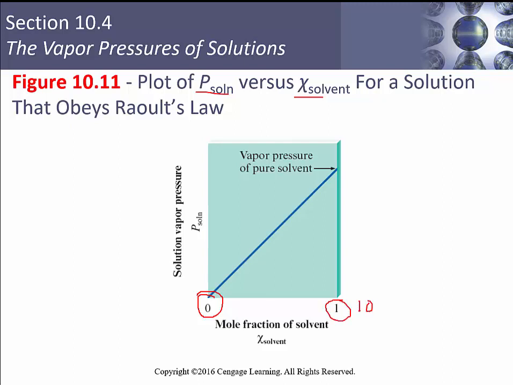Then you're going from the vapor pressure of the pure solute to the vapor pressure of the pure solvent, depending on how far along you are. If you are at 50%, so 0.5, you're halfway in between the vapor pressure of your solvent and your solute.